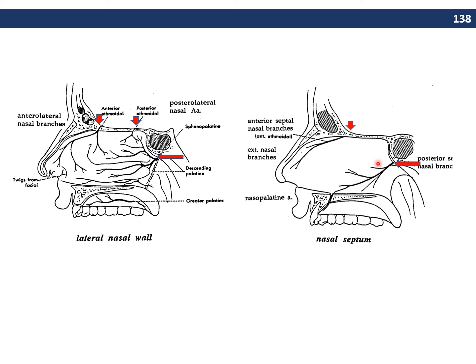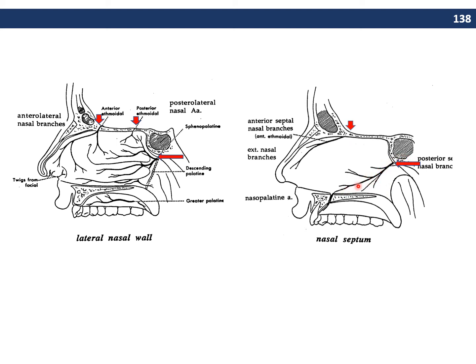On the lateral nasal wall, you also see a branch of the anterior ethmoid. So the internal carotid via the anterior ethmoid gives us these anterior septal branches. Also on the nasal septum would be these posterior septal nasal branches.